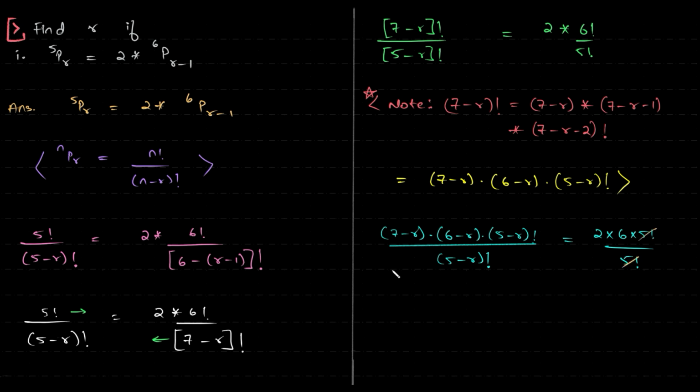So this and this get cancelled, this and this expression get cancelled. So yes, we are looking at a quadratic equation. 6 7s are 42, then 7 into minus r, 6 into minus r, plus r square is equal to 12, right? So a bit of rearranging, we have r square minus 13r, and if I transpose this, this will become plus 30, right?